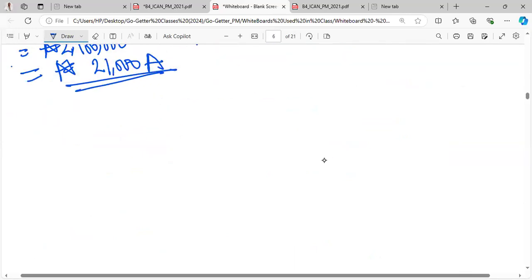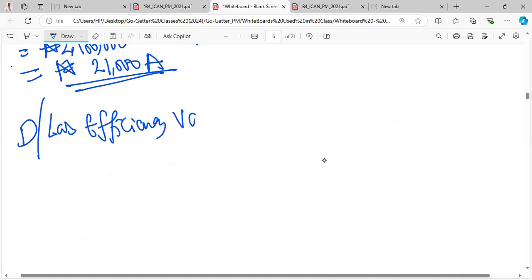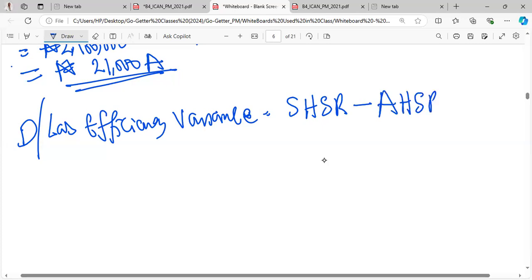So we just say direct labor efficiency variance, we said is standard hours standard rate minus actual hours standard rate, and we said it's also going to be standard rate times standard hours minus actual hours.